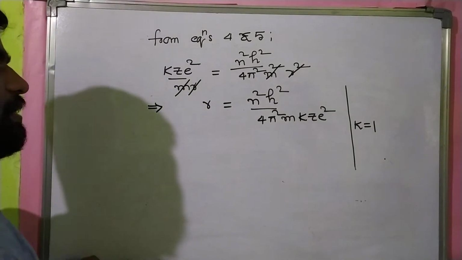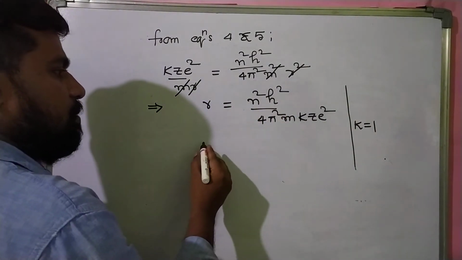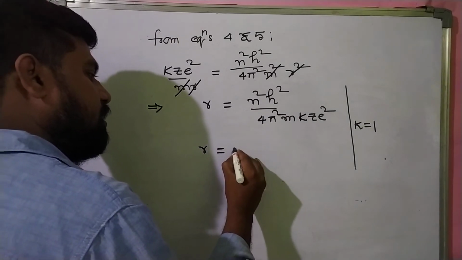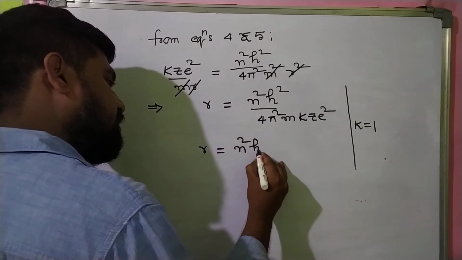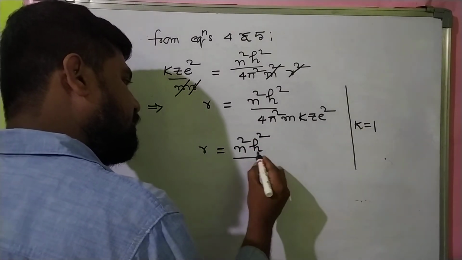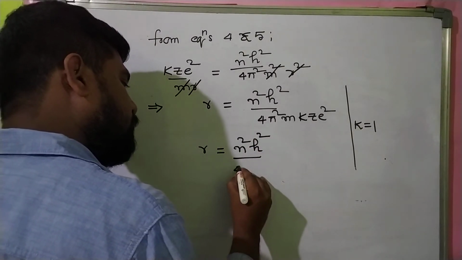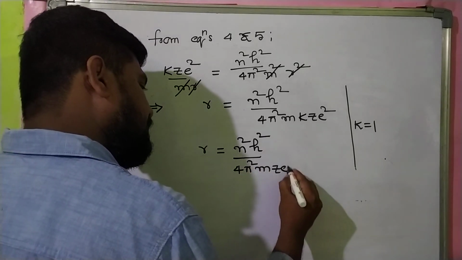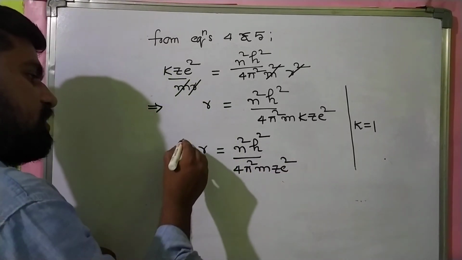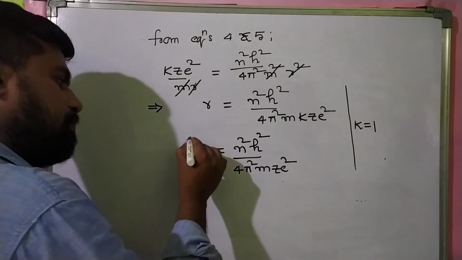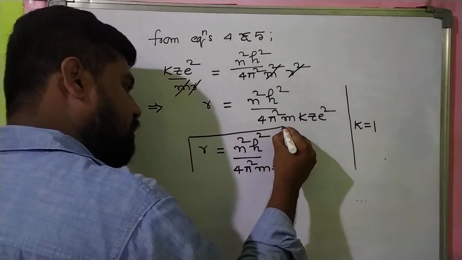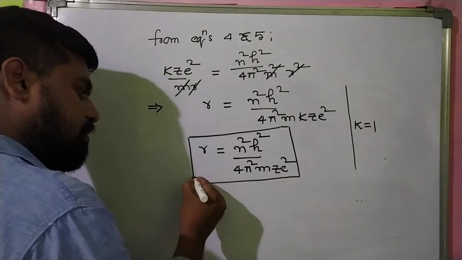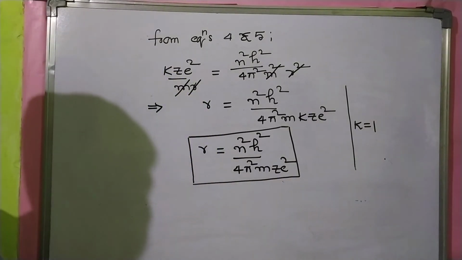So listen everybody, now the equation becomes r equal to n square into h square by 4 pi square m Z into e square. So this is a very important equation.